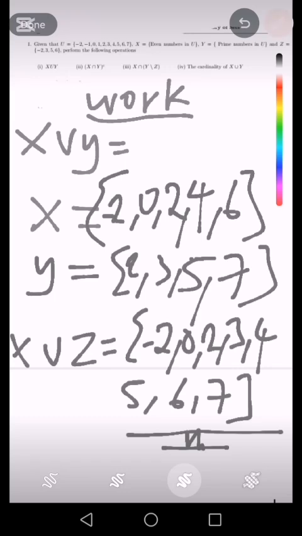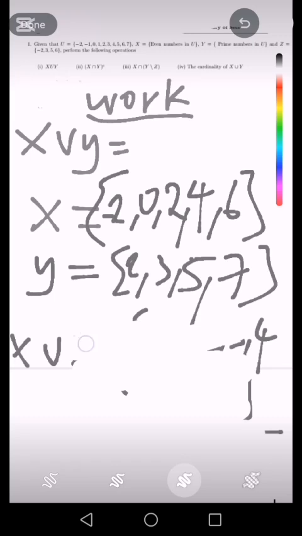Now we proceed in answering the question. The question says x intersection y.